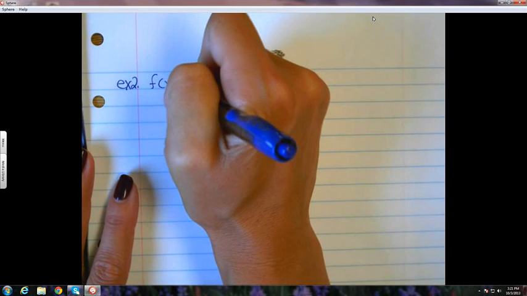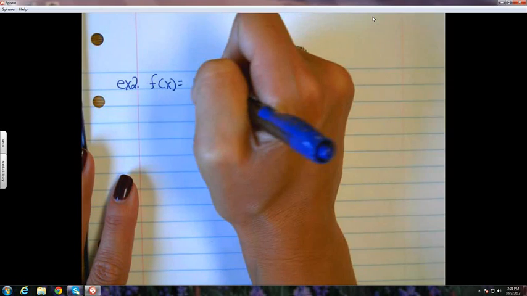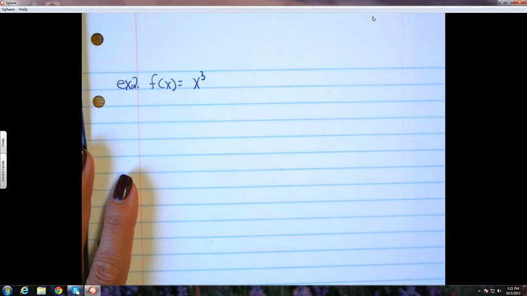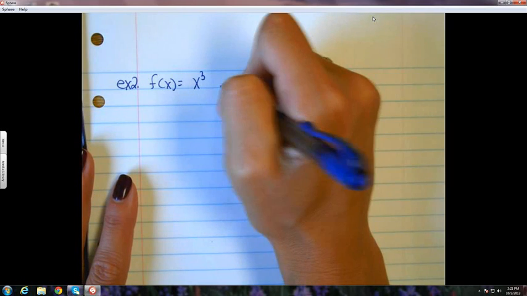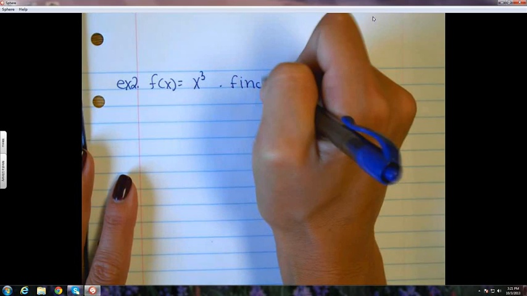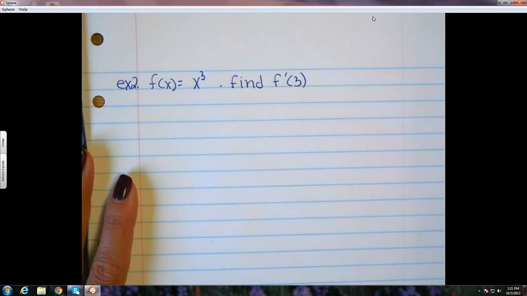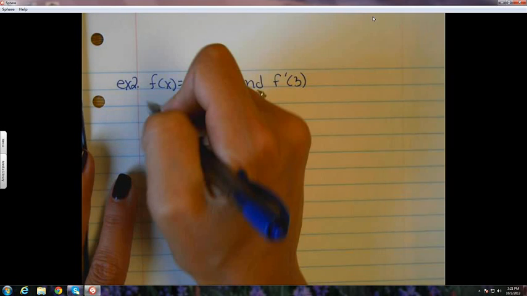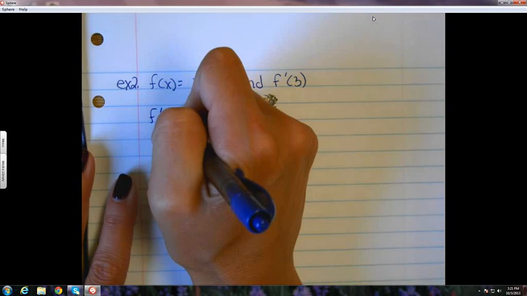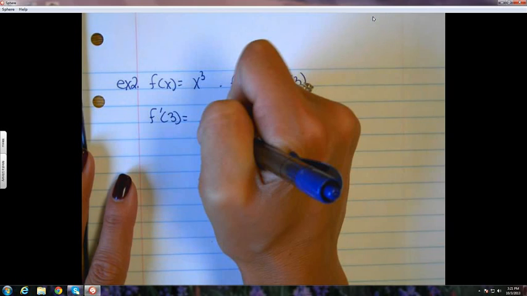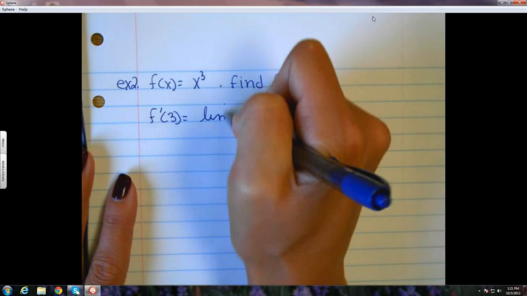If f of x equals x cubed, we want to find f prime of 3. That means the derivative at 3. So f prime of 3 equals the limit as x approaches 3.